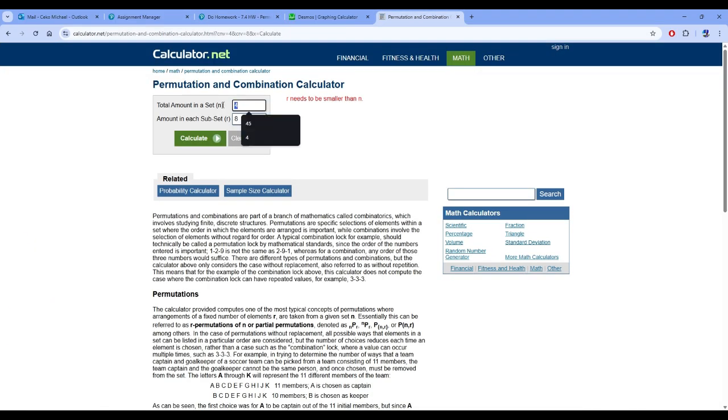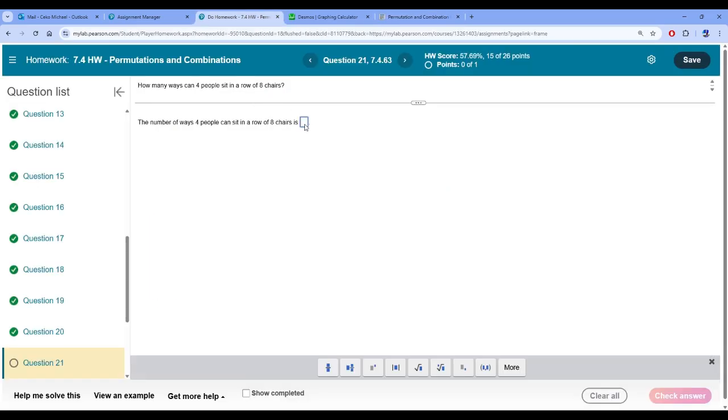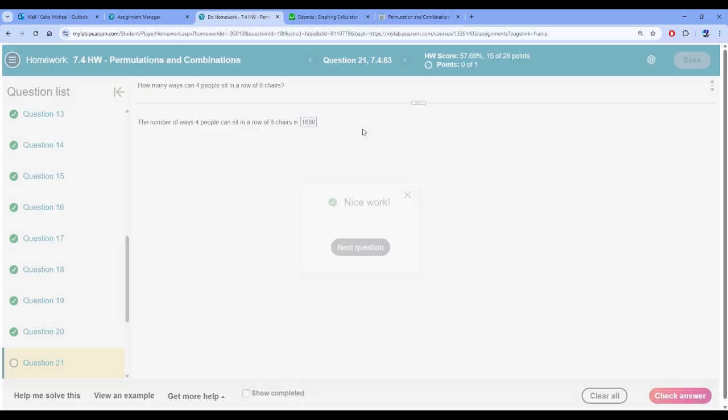Or is that 8 pick 4? 1680. Because basically I'm assigning 8 chairs to the 4 people.